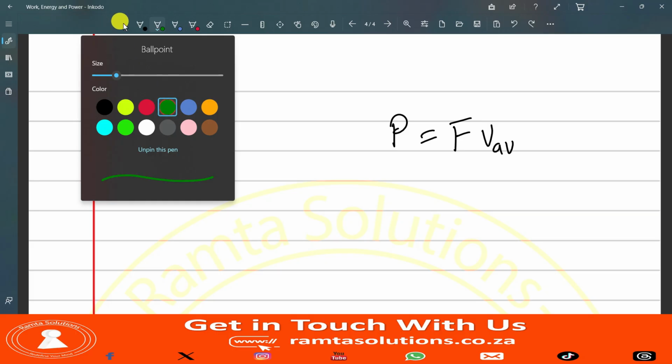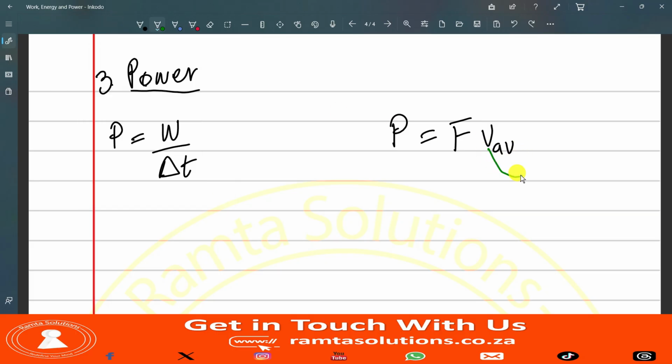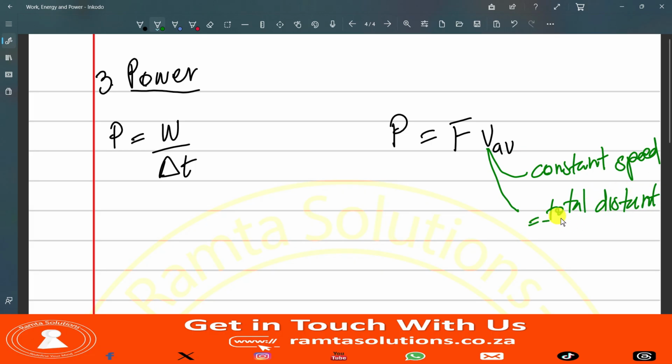This green would do. So this, you will use as is if it's a constant speed. Or you will say it is total distance. If you're not given a constant speed, you will say total distance over total time.